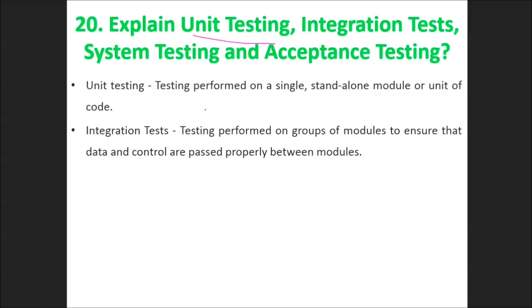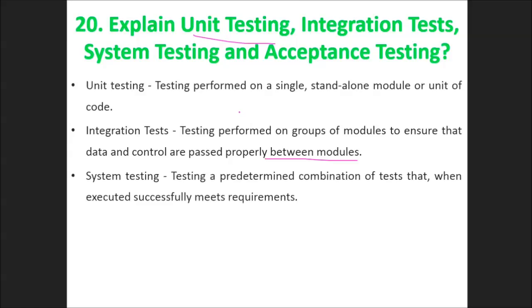And integration testing is performed on a group of modules to ensure the data and control are passed properly between these modules. So when we integrate the modules and then we test, we say that we are doing integration testing. Then the system testing.